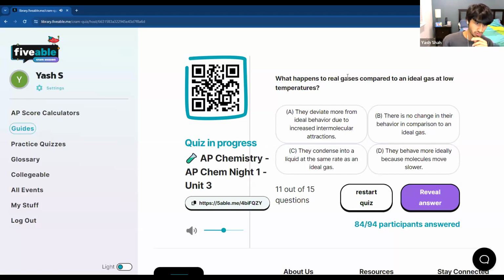I'm assuming you're referring to the van der Waals equation, but it is helpful to know how things can deviate from ideality, because I think that is a situation that they can ask in the exam.